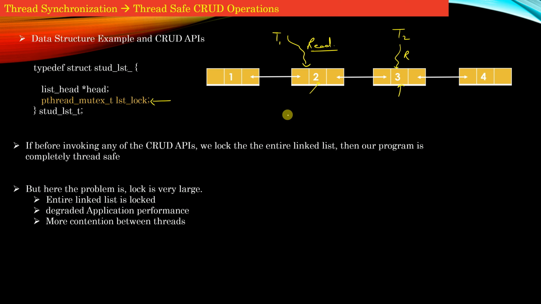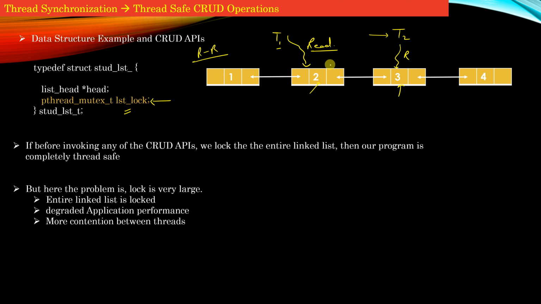So in this example, I don't see any reason why thread T1 should block thread T2, or why thread T2 should block thread T1. They are performing operations on the data structure, but those operations are non-conflicting with each other. We already know that read operations do not conflict with each other. So if we allow both threads T1 and T2 to execute simultaneously without having to lock this mutex, then our application state remains consistent.